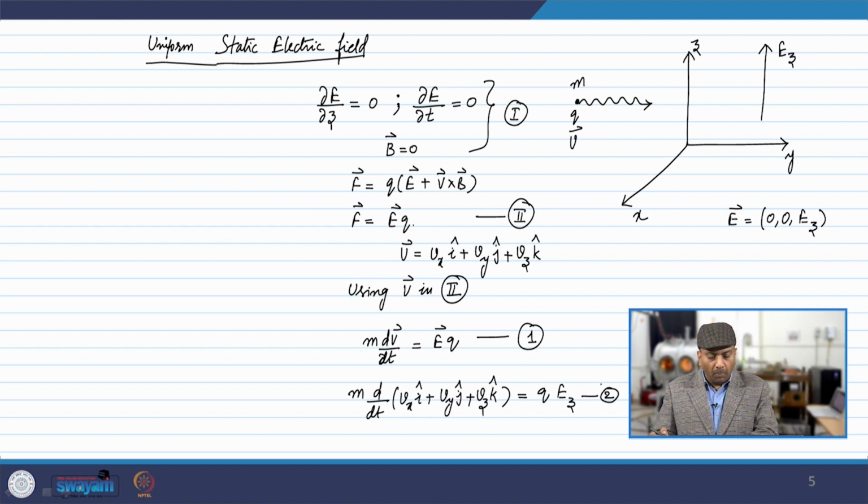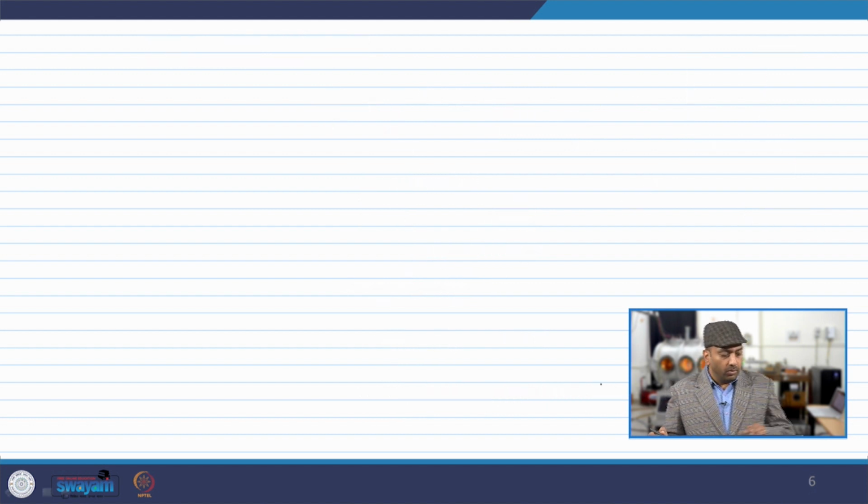Now, comparing the components on either side of the equality, we will be able to write m dVx by dt is 0, m dVy by dt is again 0, m dVz by dt is q Ez, right.